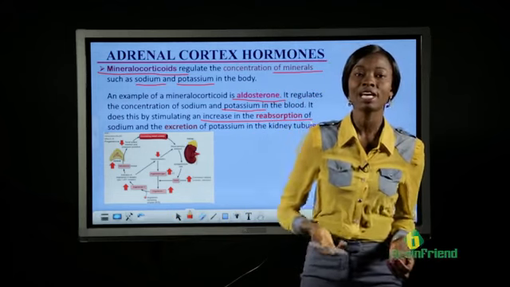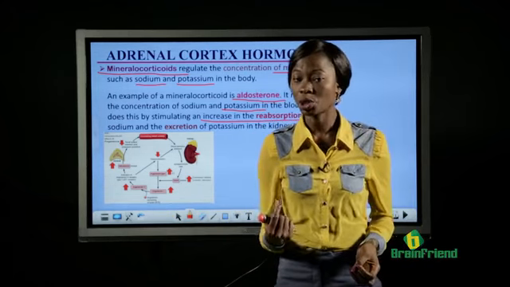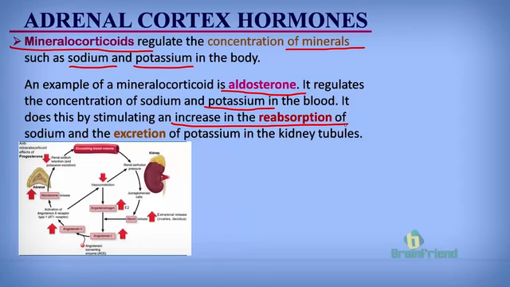Aldosterone comes into play and it stimulates reabsorption of sodium from the kidney tubules. It also promotes the excretion of potassium. As sodium is reabsorbed from the urine by the kidney tubules, potassium is given in exchange for sodium. So more sodium is reabsorbed, more potassium is excreted.